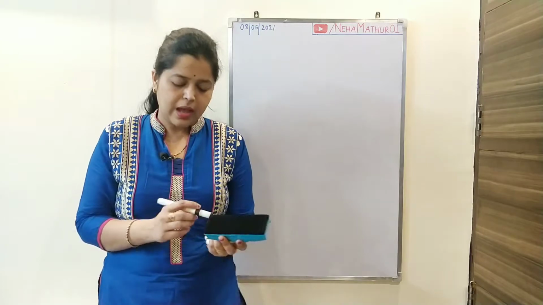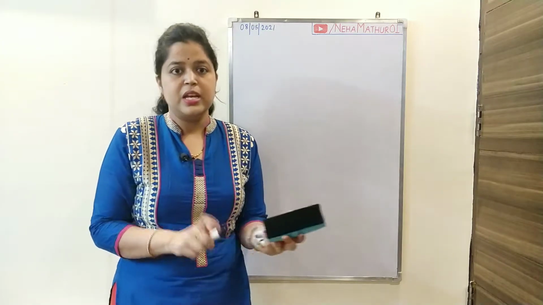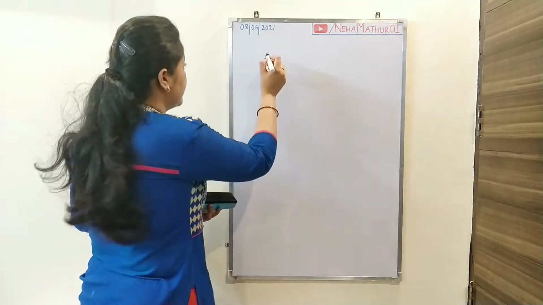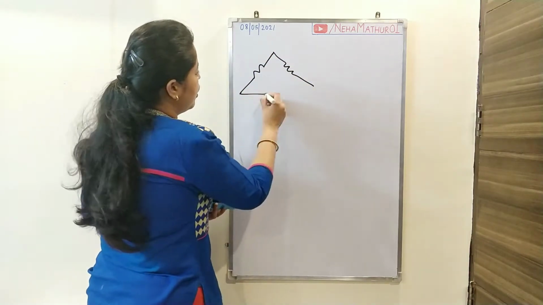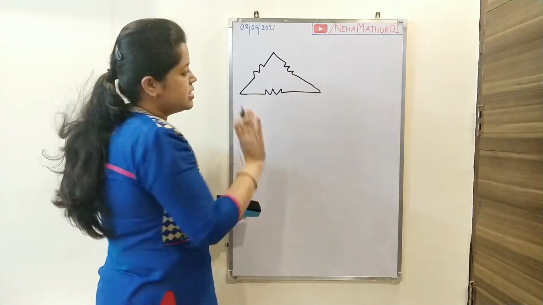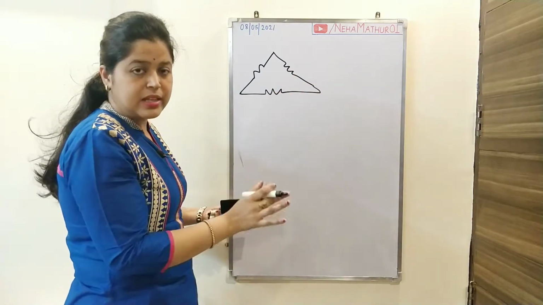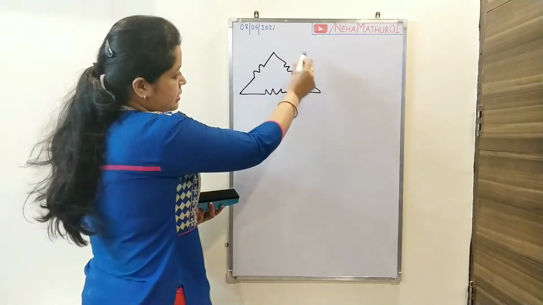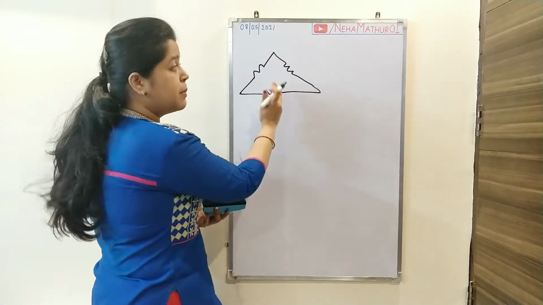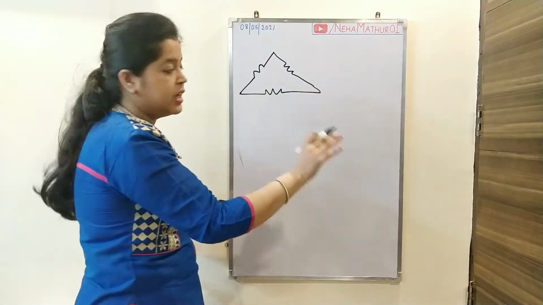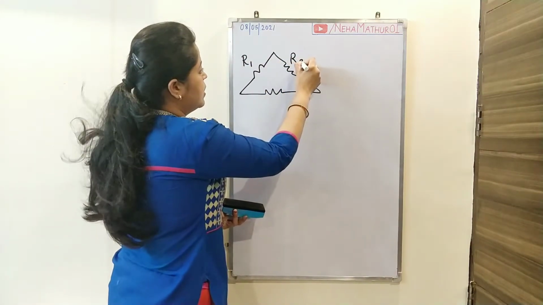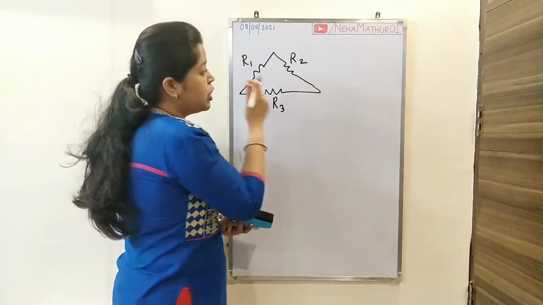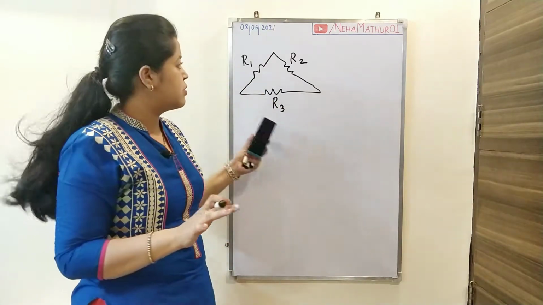So I am just considering one situation, just an example. If you identify that in your complex circuit, three resistors are connected in such a manner that they look like this, but this is a part of some other circuitry, in that case you are not able to find the equivalent for the combination.